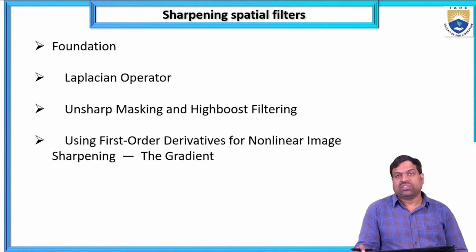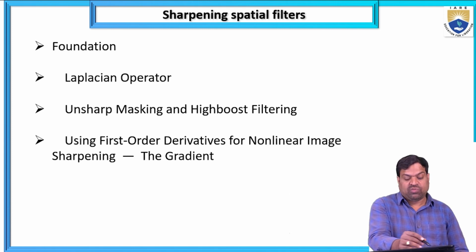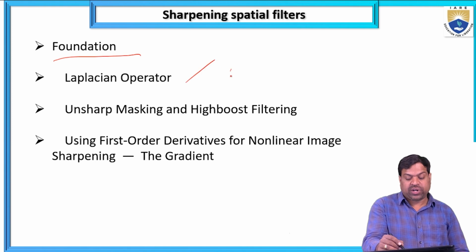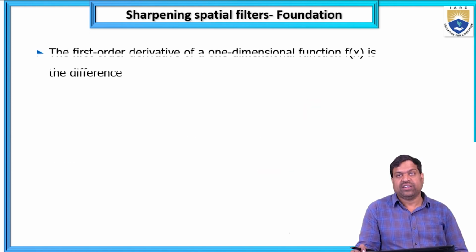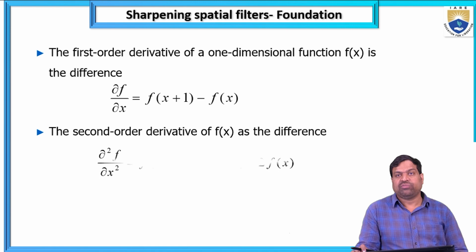So what are the foundations of this? The Laplacian operator, unsharp masking, and high boost filtering. Using the first order derivative for nonlinear image sharpening is called the gradient. The first order derivative of a one dimensional function f(x) is the difference: ∂f/∂x = f(x+1) - f(x).